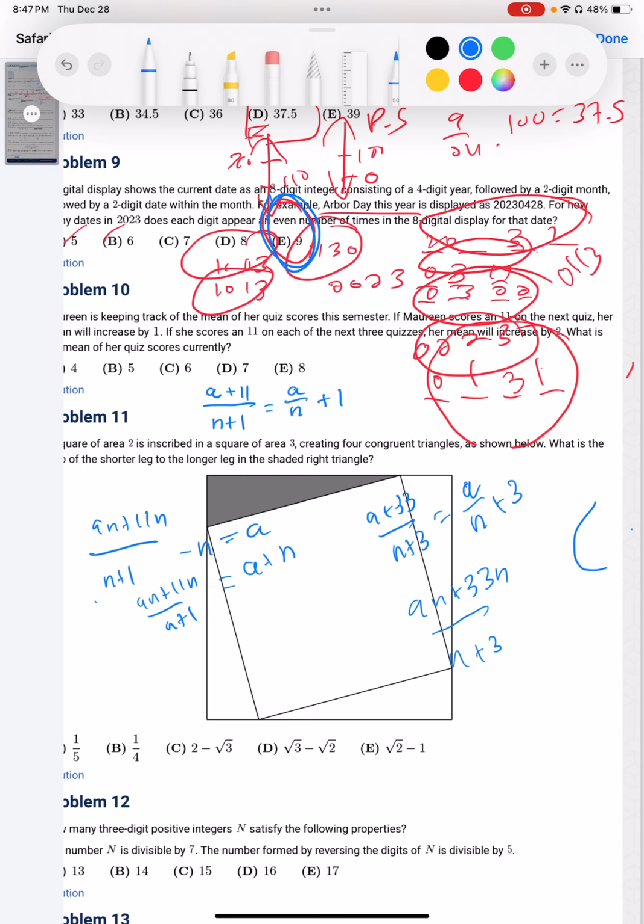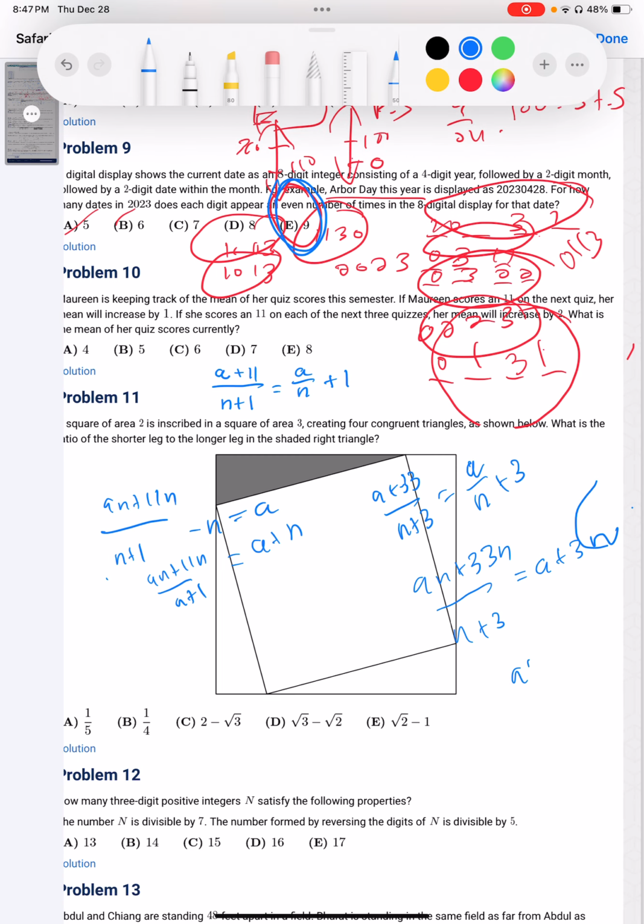plus n minus 3n, 3n, to be an n plus an plus 3a plus 3n squared 9n going to equal an plus 3n, n plus 3.